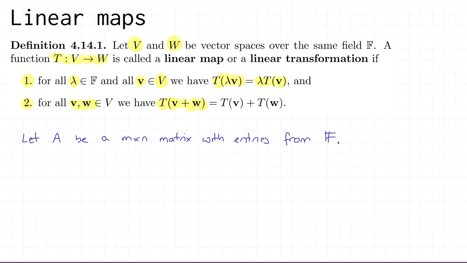Well then, we can define a map T subscript A from F^n to F^m by T_A of a height n column vector x is going to be the height m column vector that you get by multiplying x on the left by A. Then this is a linear map.